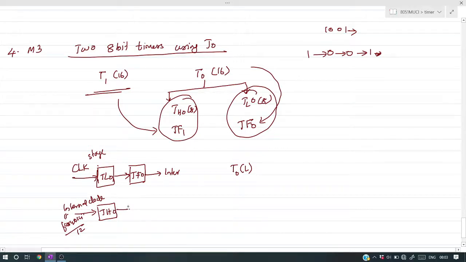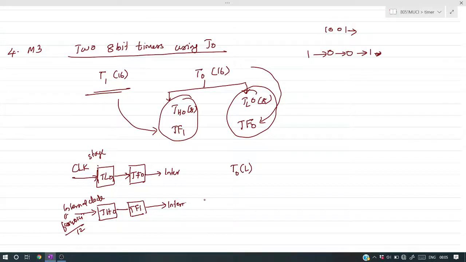Whenever TH0 overflows, it will set TF1, and just like earlier, it will interrupt the processor. In short, basically we can have two timers, T0 and T1. In mode 3, we can have three timers: TH0, TL0 and T1. All are connected with the internal clock, that is oscillator frequency divided by 12.